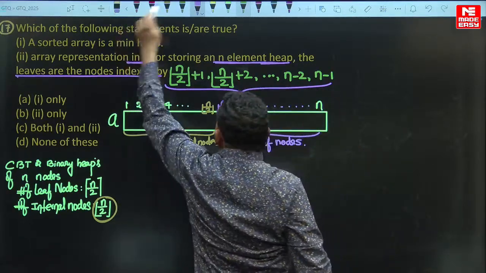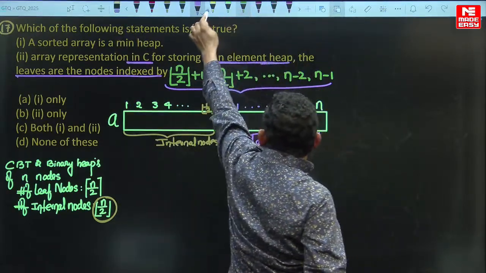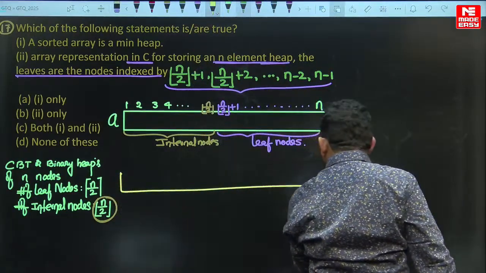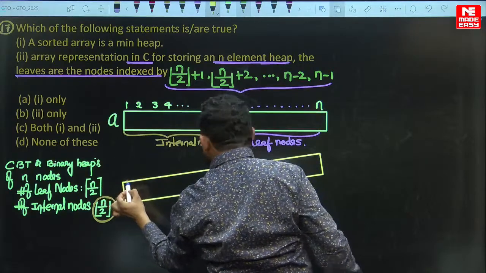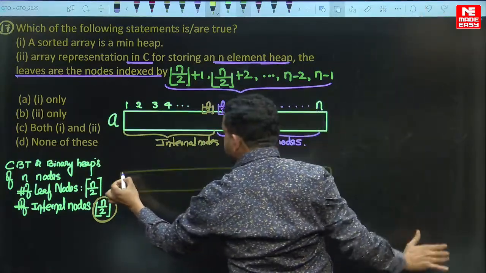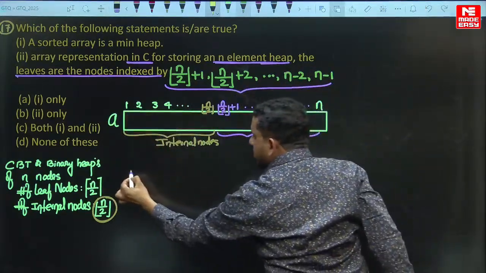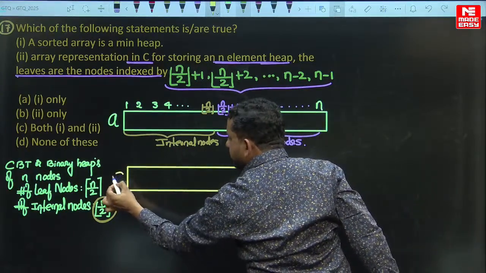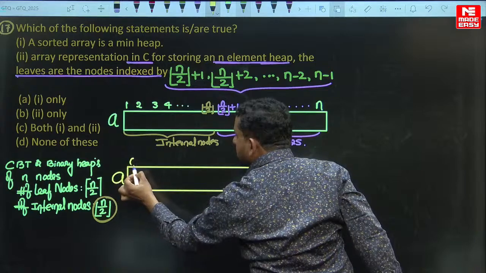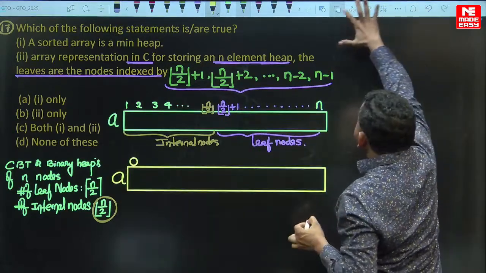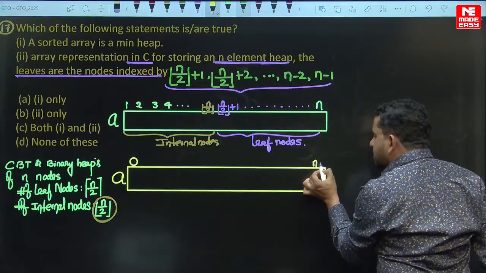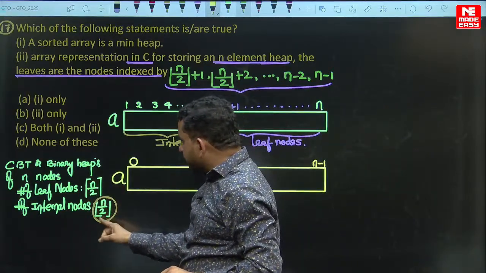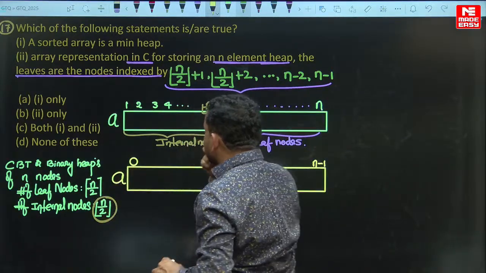But he is saying that the array is represented in the C language. Generally we use this index in the algorithm, but because the array is defined by the C language, the index starts from 0.